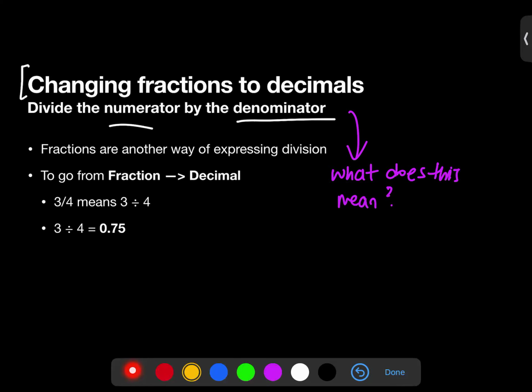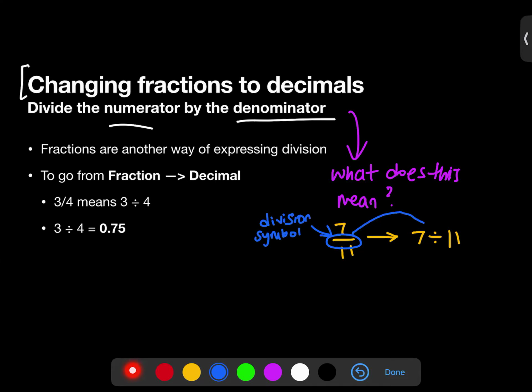Let's say we have one fraction, which is 7 over 11. This is the same as saying 7 divided by 11. The line you see between the numerator and the denominator is simply a division symbol.